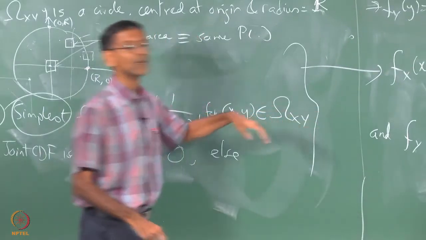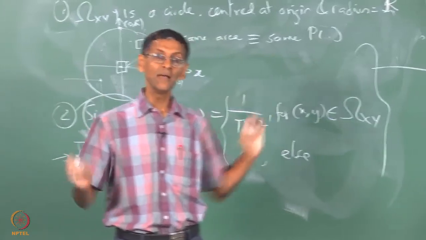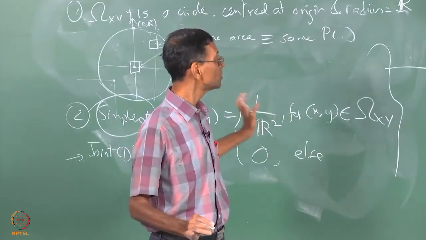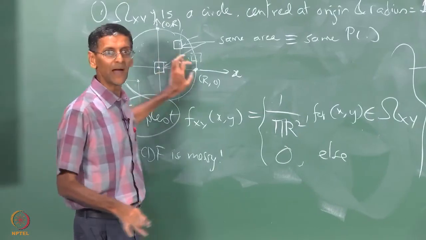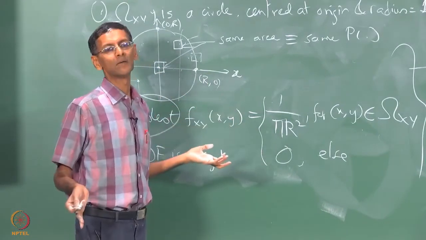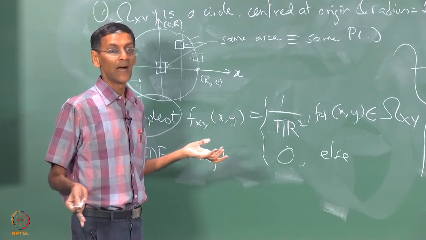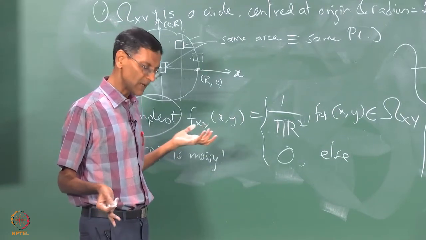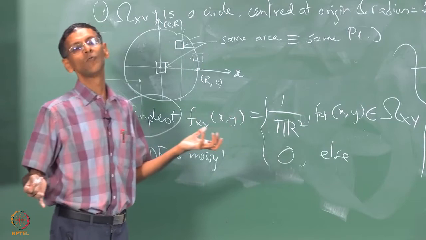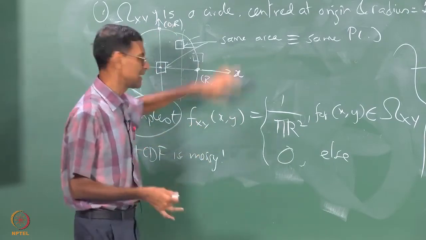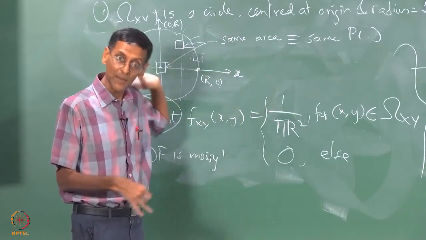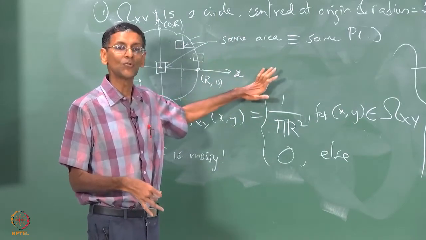Just to summarize what we did. We started with omega xy and fxy, then we showed how that model can be used to calculate, first of all, any probability by integration. Remember always that the joint PDF has to have unit volume, otherwise it is not properly normalized. I did not write it out in the beginning of this class, but remember the joint PDF always has to be normalized to unit volume.